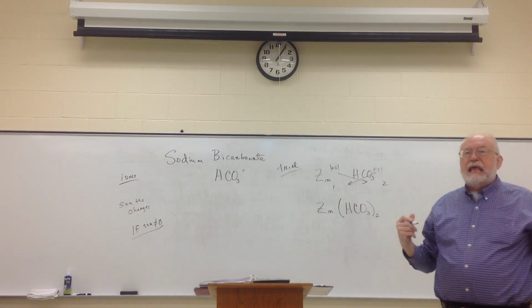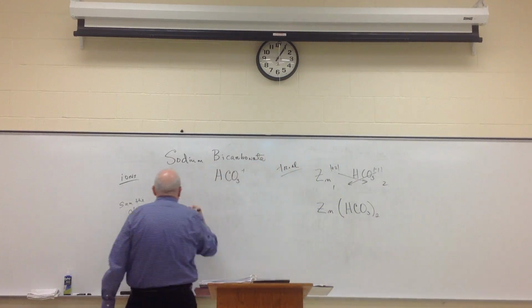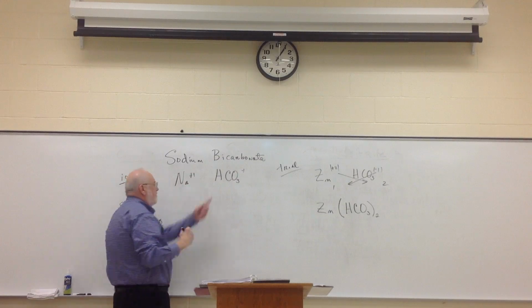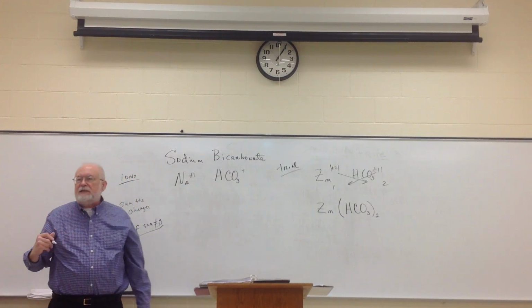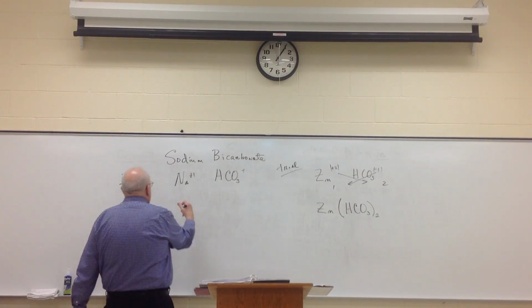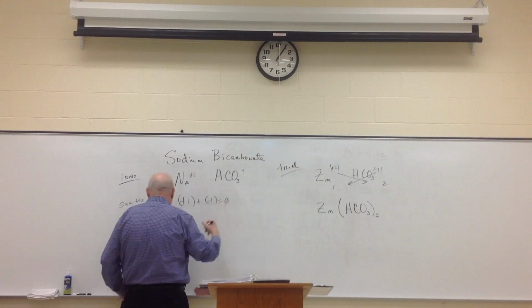All right, what is the formula for the sodium ion? Na plus 1, and we've already got the bicarbonate up there. It's HCO3 with a -1 charge. All right, we sum the charges. We've got a +1 and a -1. Well, that gives us 0.